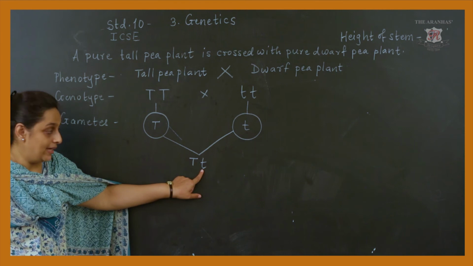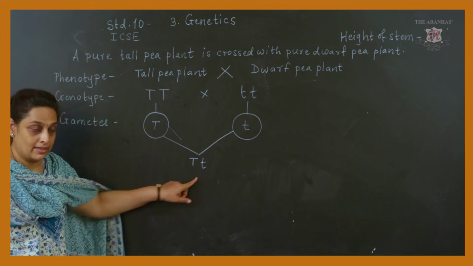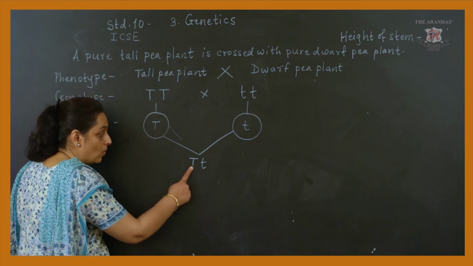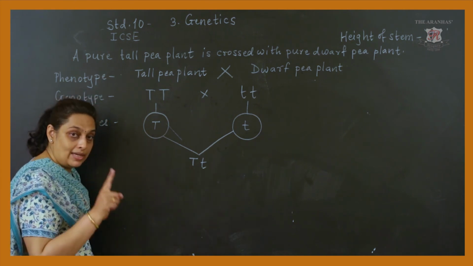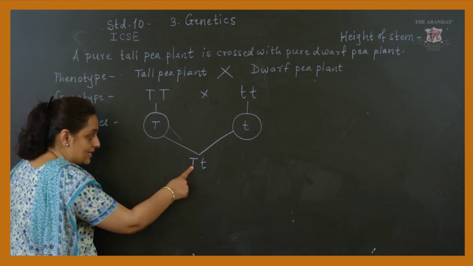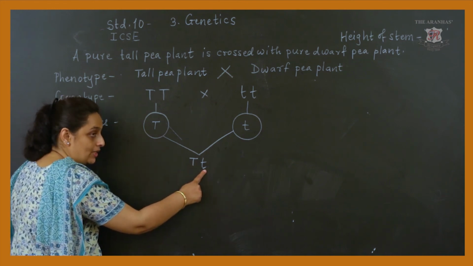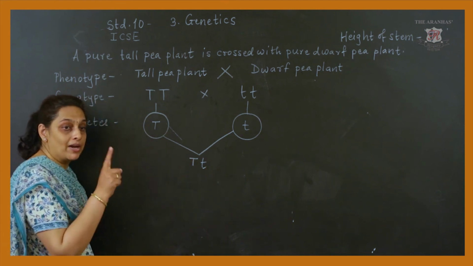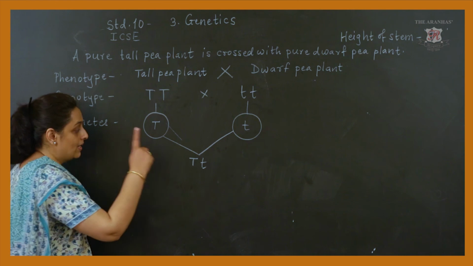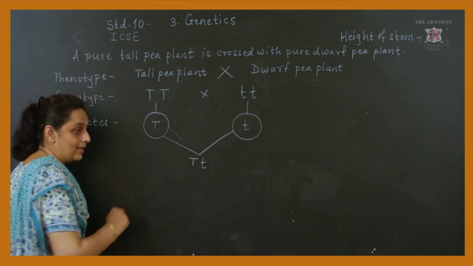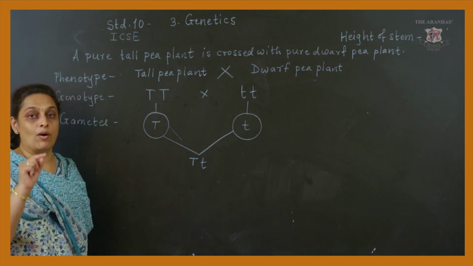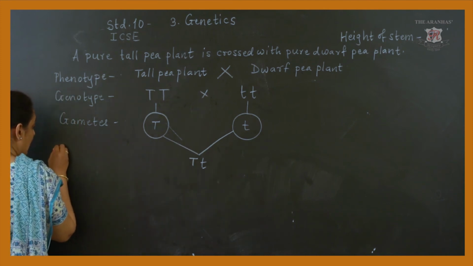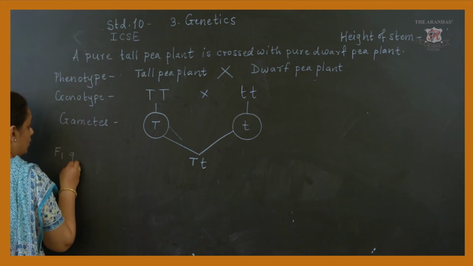So, now in this generation I am getting combination of one gene capital T for tallness and other gene is small t governing dwarfness. Okay? So, capital T small t is the combination obtained and this combination is F1 generation.